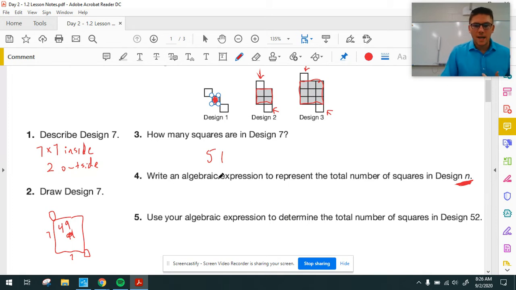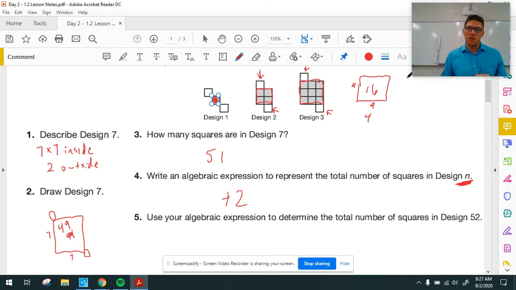So what I see in this is that there are always these 2 just hanging out. There's always 2 on the outside, so that is a constant, plus 2. But what I notice on the inside and how it's changing, design 4 would have a 4 by 4 dimensional square in the middle, so there'd be 16 total.